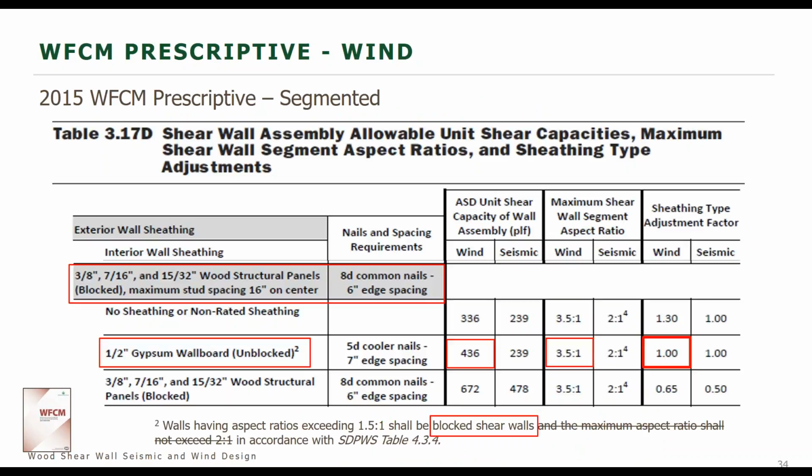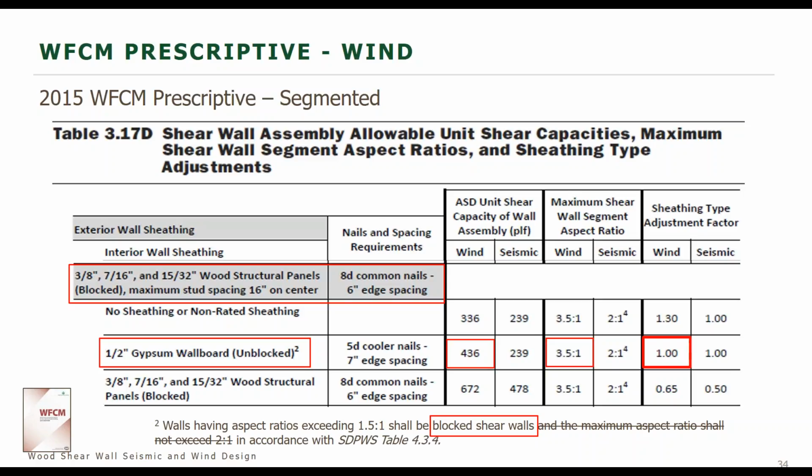So there's a requirement in footnote 2 of table 317D that states we do have a maximum aspect ratio of 3.5 to 1. However, footnote 2 requires that we block the gypsum wallboard where the aspect ratio exceeds 1.5 to 1. So for our example, we do need to block the gypsum.